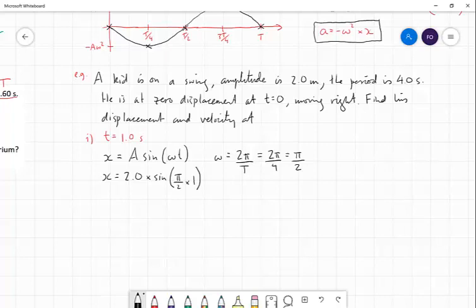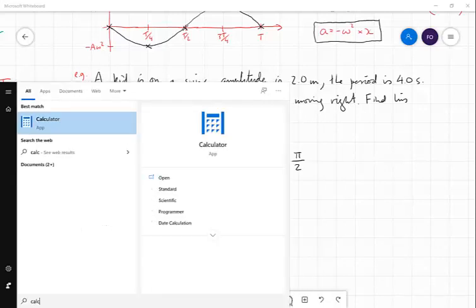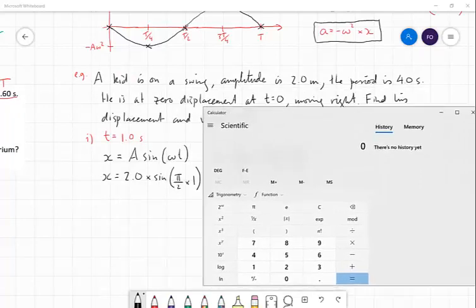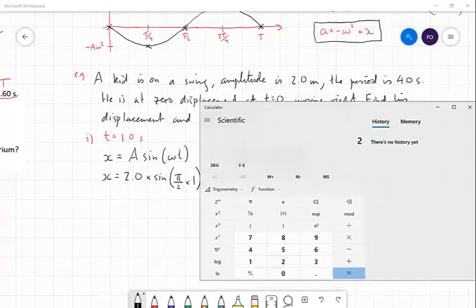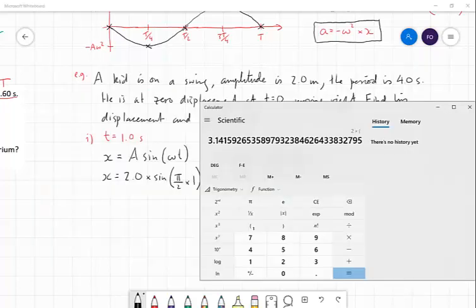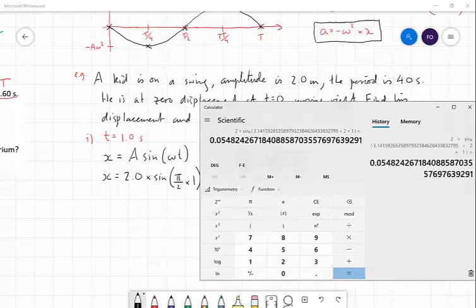Then we can work that out using our calculator. So here we use 2 times pi over 2 times 1, and then take the sine of that. No, I'm in degrees, hold on, I need to redo that.